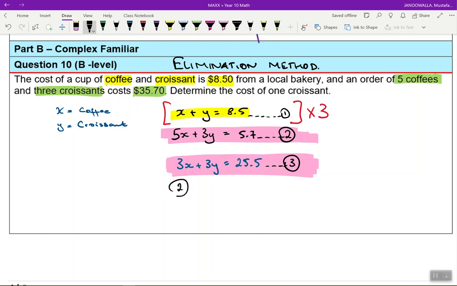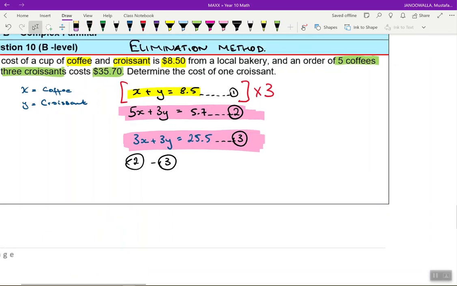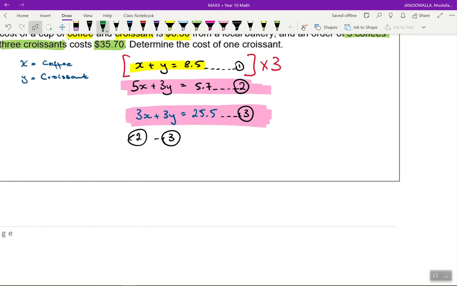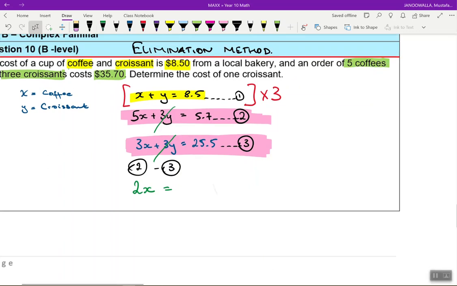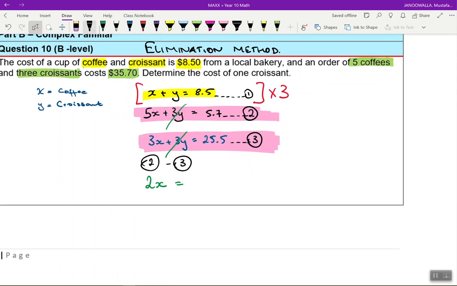Equation 2 minus equation 3, this is going to give us 5x minus 3x, and we know that's 2x. Then 3y minus 3y, that's just 0, so that helps us out, that's gone, is equal to... when I was erasing it, I made a mistake.